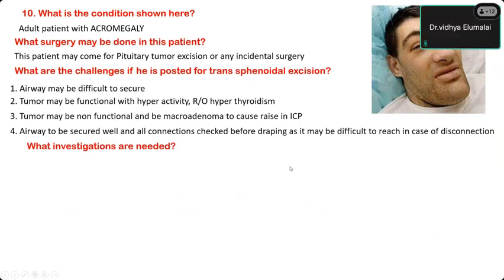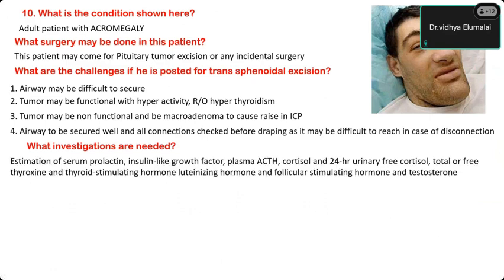So routine investigations along with the hormonal tests, the thyroid function test, cortisol level. So estimation of prolactin, insulin-like growth factor, plasma cortisol, urinary free cortisol, total and free thyroxine, thyroid stimulating hormone, luteinizing hormone level. So if it is a functional adenoma, all the hormone levels have to be checked.